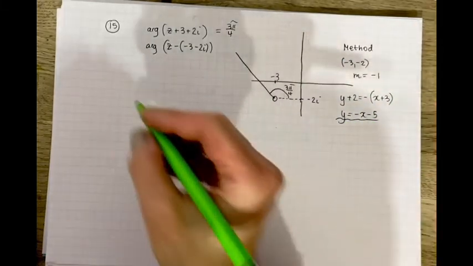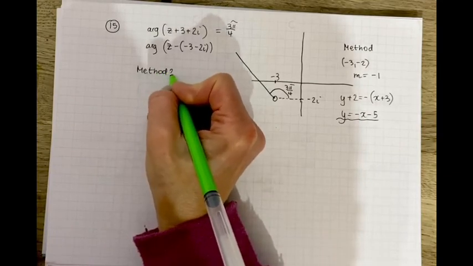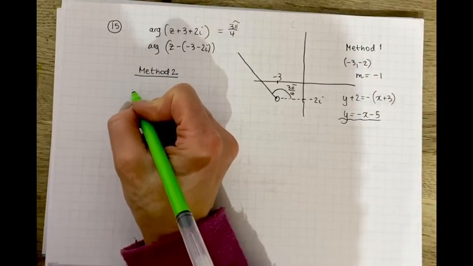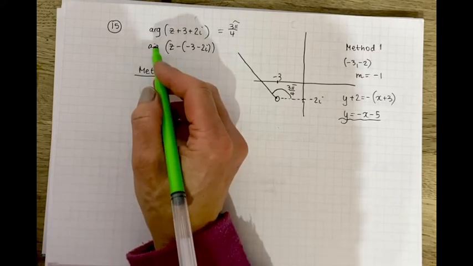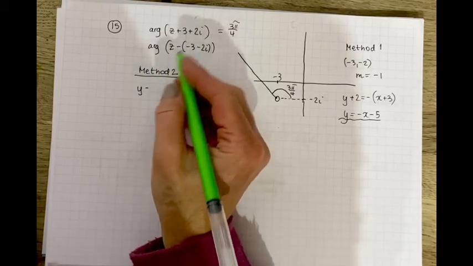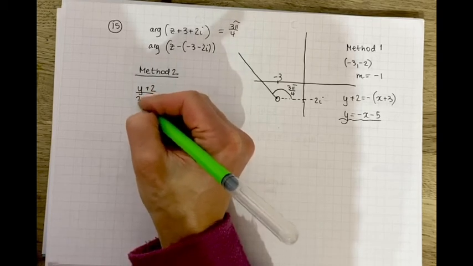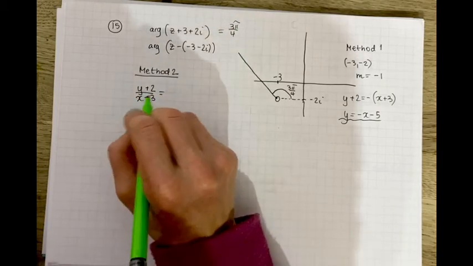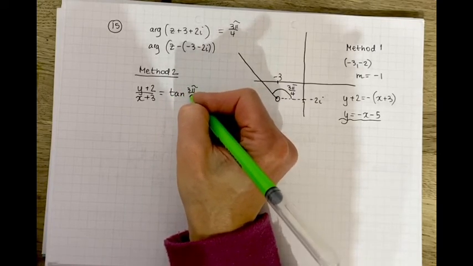But if you wanted to do it the other way, method 2, would be by doing it the way I've shown you before. So you've got y minus the y coordinate, so it's going to be y plus 2, over x minus the x coordinate, so x plus 3. That gives me the gradient, which is tan 3 pi over 4.